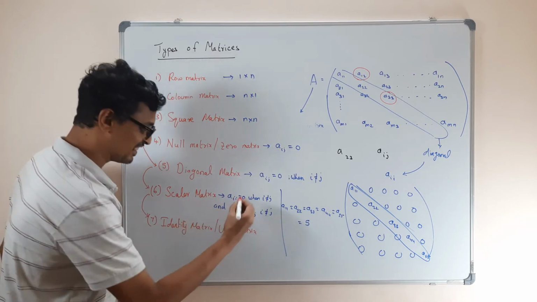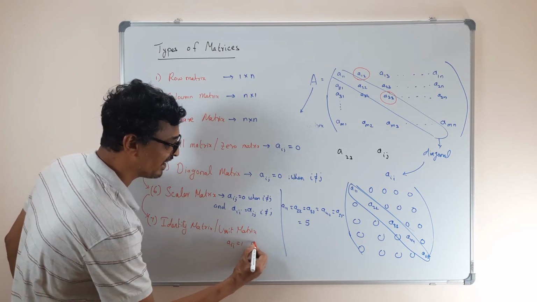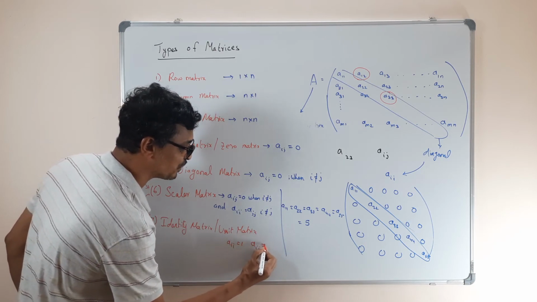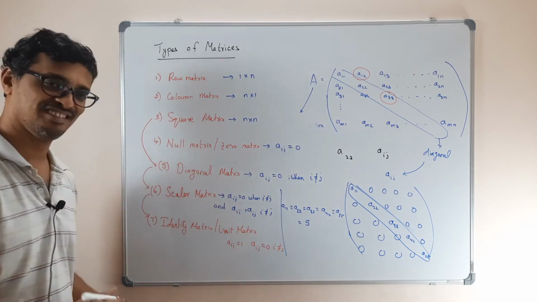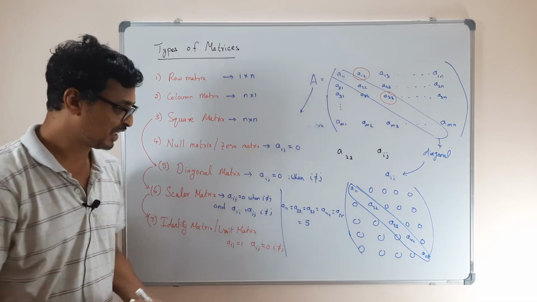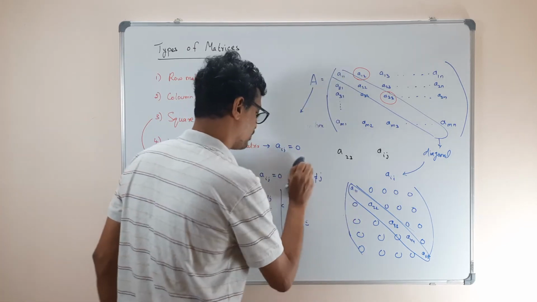Okay. You got it? So that means A of ii equal to 1 and A of ij is equal to 0 when i is not equal to j. Correct? So that means this matrix will be the identity matrix. The symbol they write it as is I. Okay.